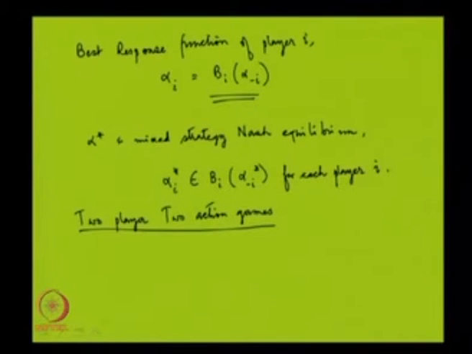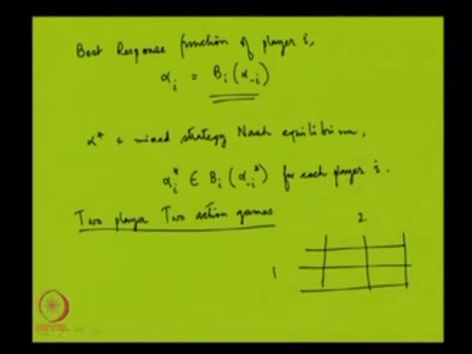So, let us take any general case. Suppose there are these two players, player 1 and player 2, and suppose their actions are A1, A2, B1, B2.